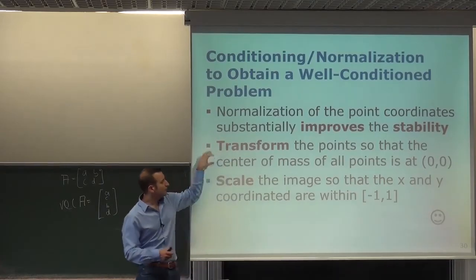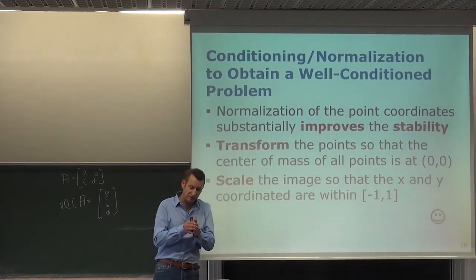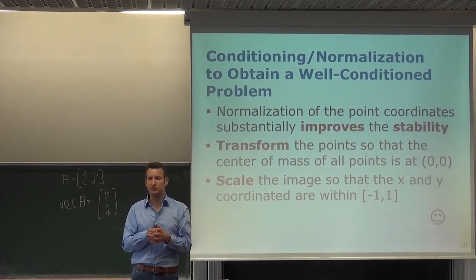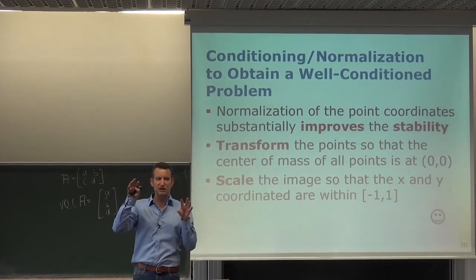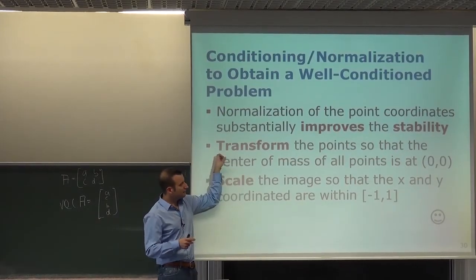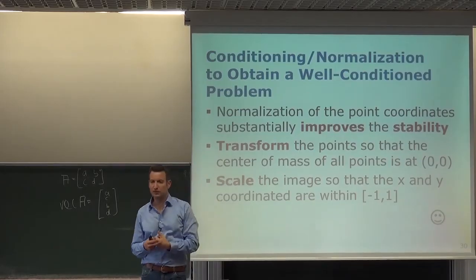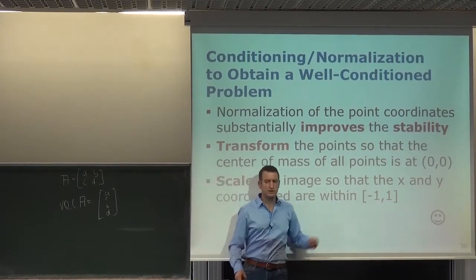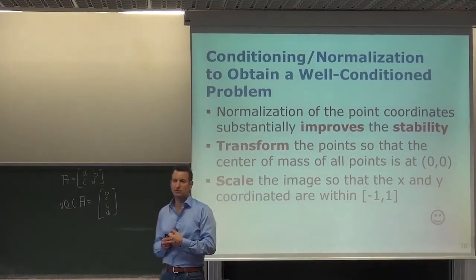It's a transform so that either the center of the image or the center of mass of all the corresponding points, because I'm not interested really in the image, but in the coordinates of the corresponding points, is at 0, 0, and that the individual coordinates lie between -1 and 1.